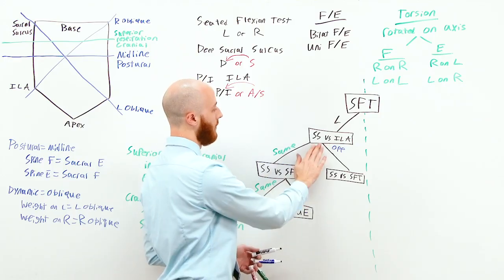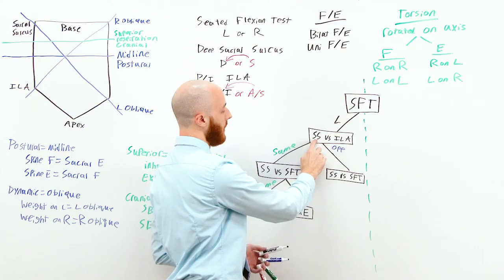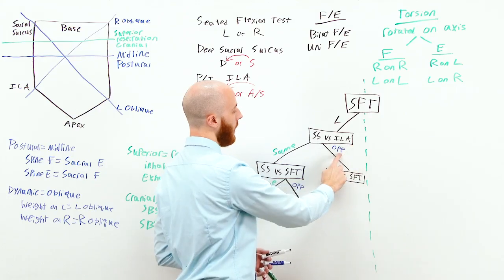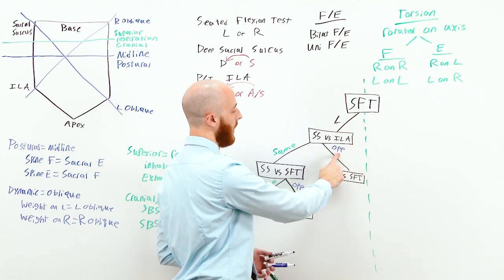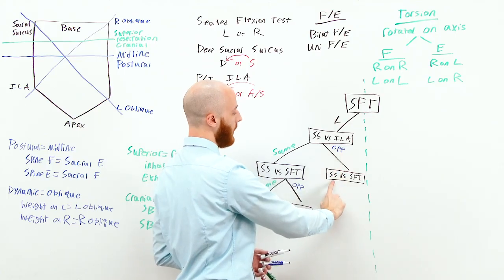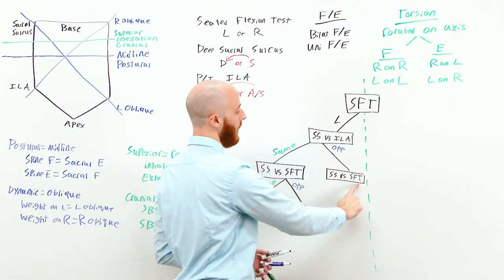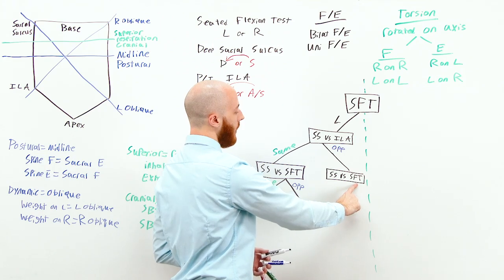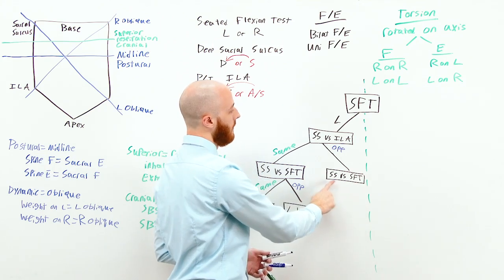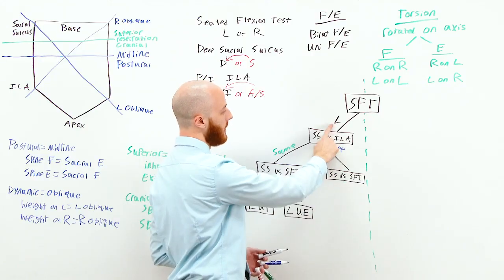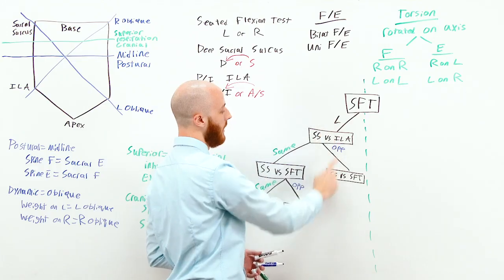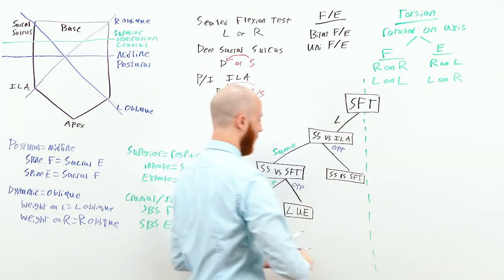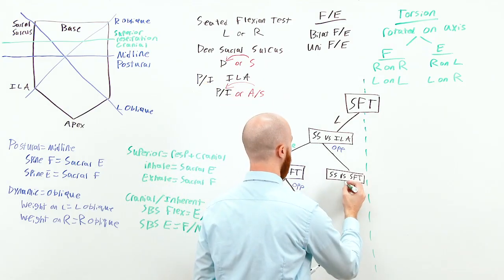If we move back up the flow chart to deep sacral sulcus and posterior inferior ILA occurring on opposite sides of one another, next we look at the deep sacral sulcus and the seated flexion test. If they are both on the same side, for example, the seated flexion test is positive on the left, the deep sacral sulcus is also deep on the left, they're telling you it's on the same side.